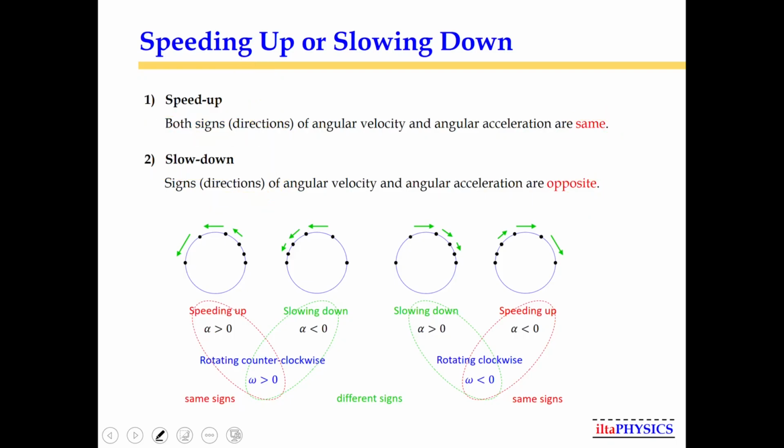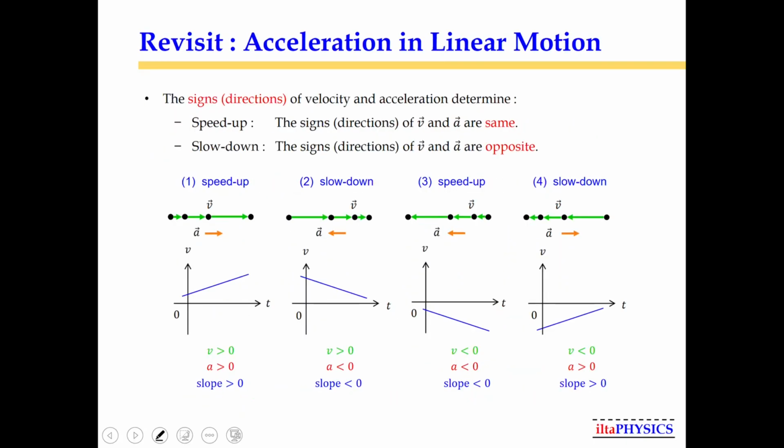Let's look back at linear acceleration for a second. Looking at the motion diagram for an object in linear motion. In the first figure, for an object moving from left to right, we determine the direction of motion by the velocity arrow. In this case, if the acceleration is also from left to right, the same direction as the velocity, you can see the object speeds up. Its velocity increases.